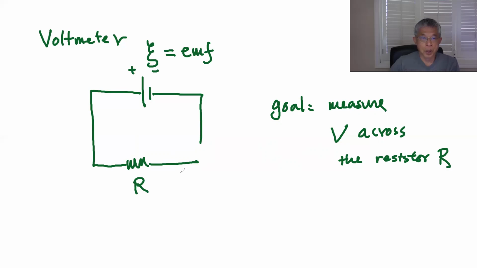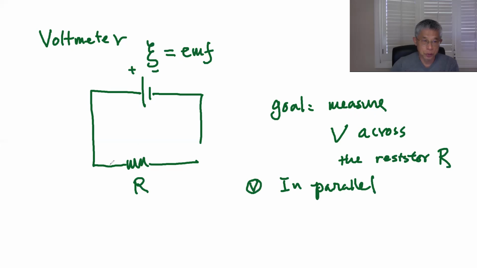If I want to measure the voltage across, do I put it in series or in parallel? The answer is I need to be in parallel. So the V needs to be in parallel.